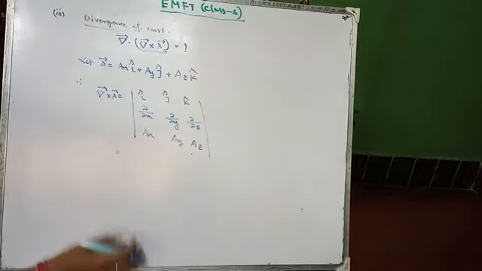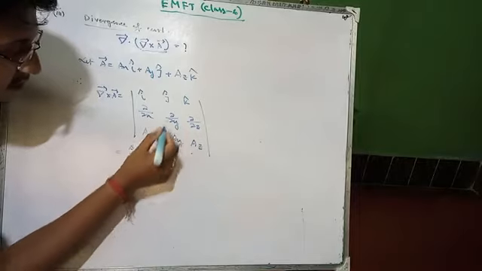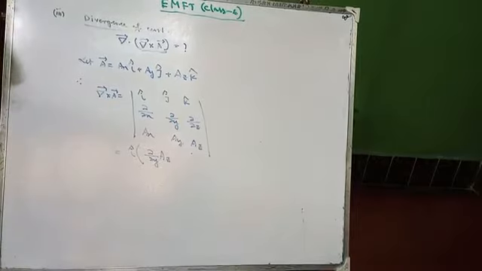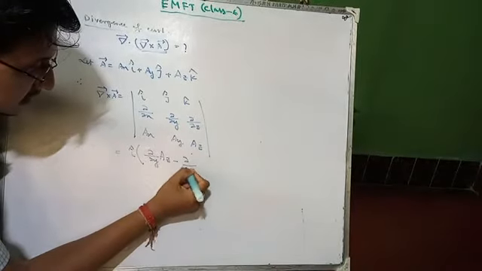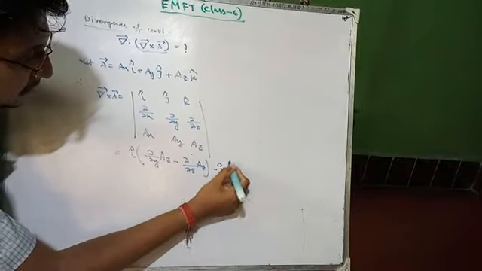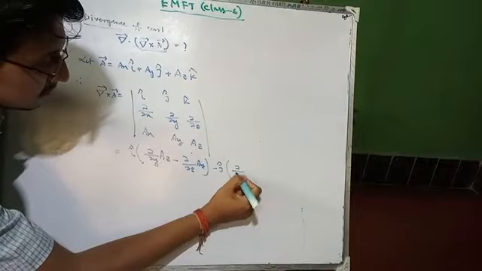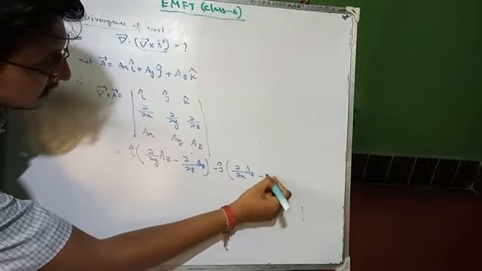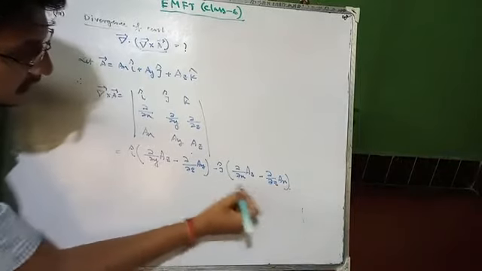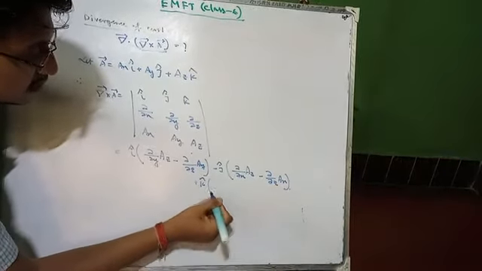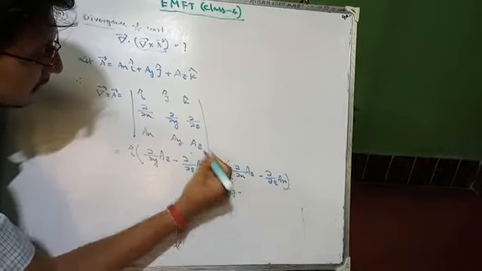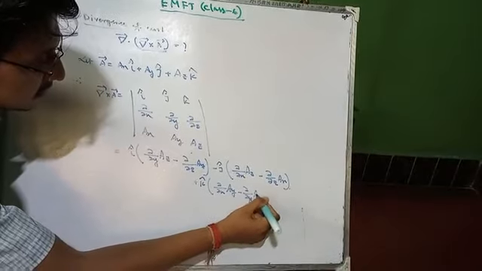Whenever you calculate this, taking i cap as common: del Az/del y minus del Ay/del z. Minus j cap means del Az/del x minus del Ax/del z. And lastly k cap times del Ay/del x minus del Ax/del y.